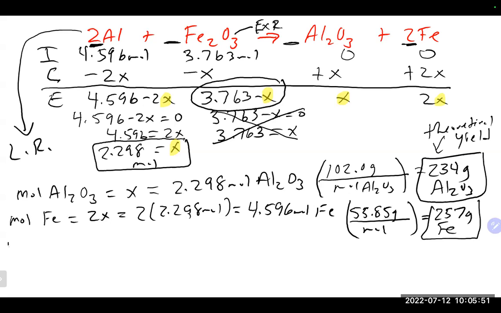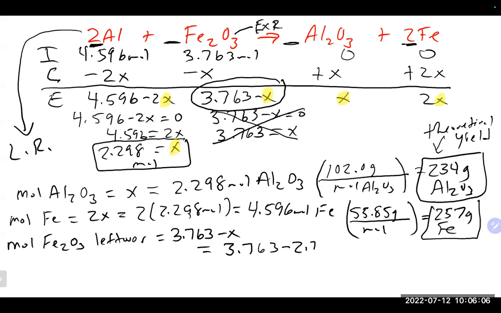So I could figure out the moles of my excess reagent, which is iron 3 oxide, that's left over, equal to 3.763 minus X, which means 3.763 minus 2.298 tells me that I have about 1.465 moles of iron 3 oxide left over.